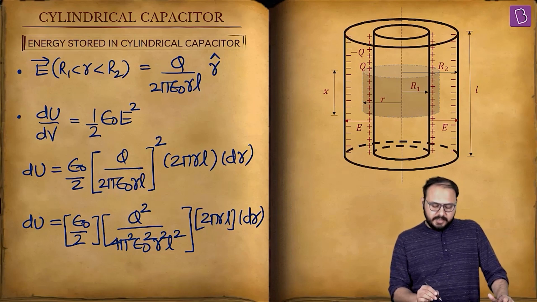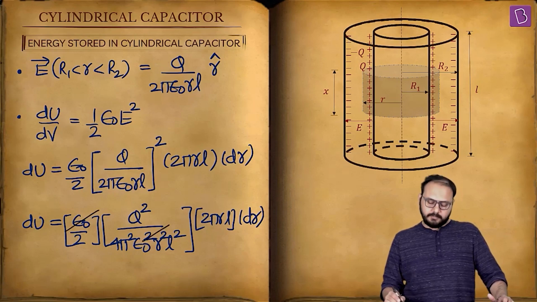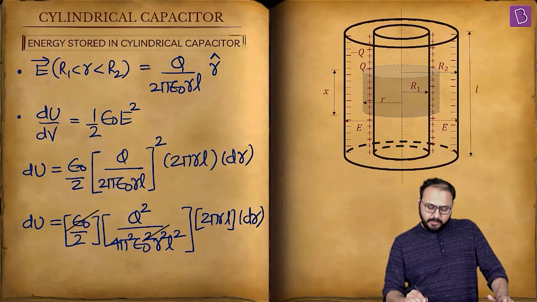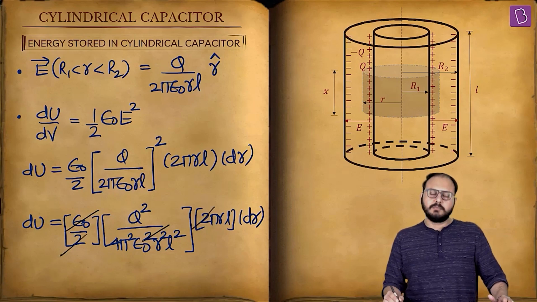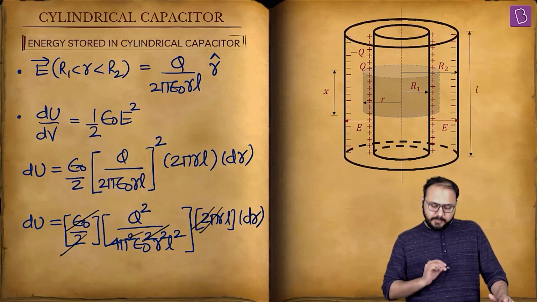Well, I can clearly see epsilon. Okay, let me use a different color to cancel. Let me use black to cancel. So epsilon naught cancels. One of the 2 cancels with one of the 2. One of the pi cancels with this pi.